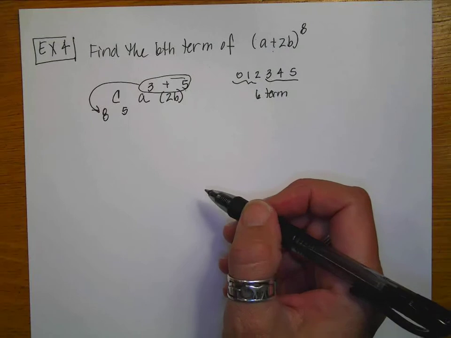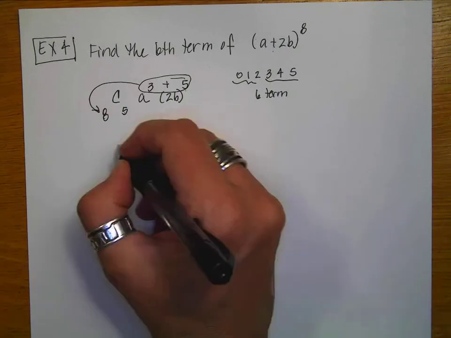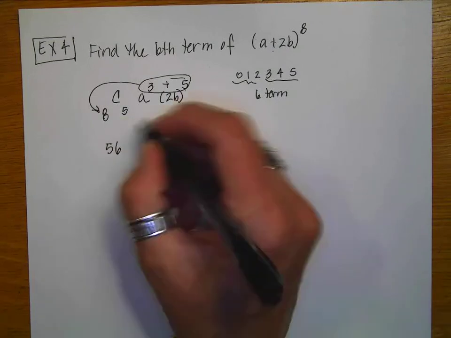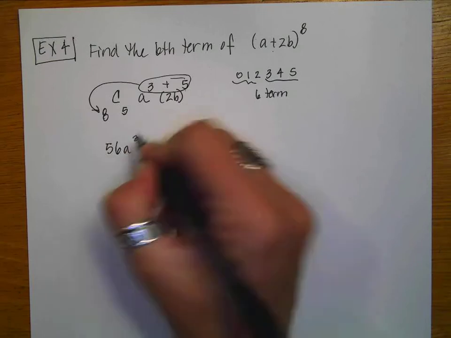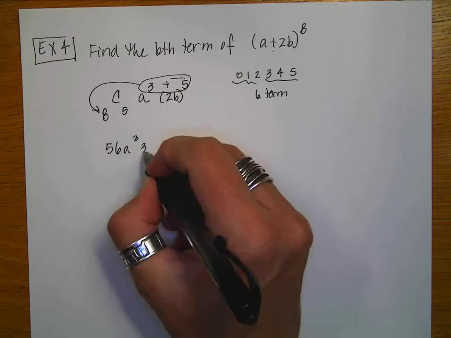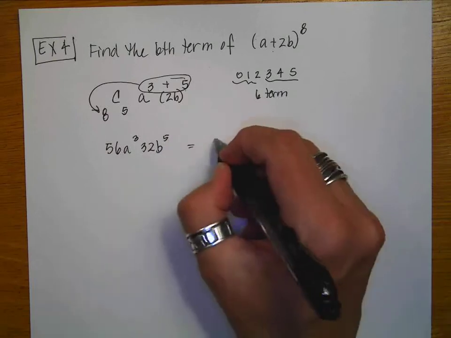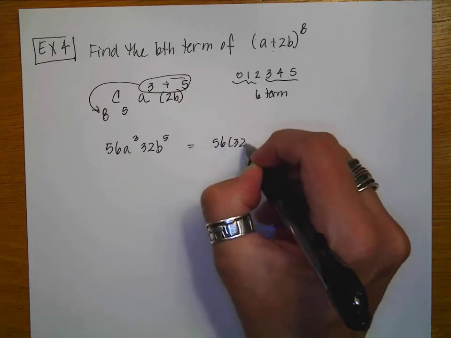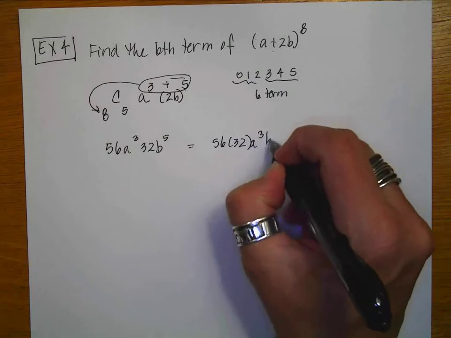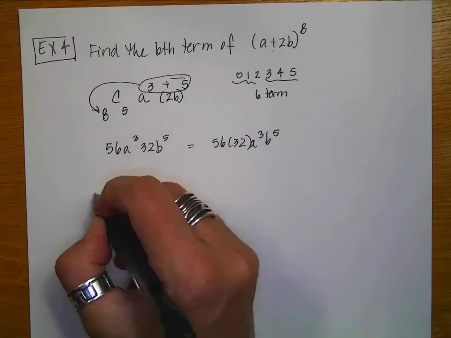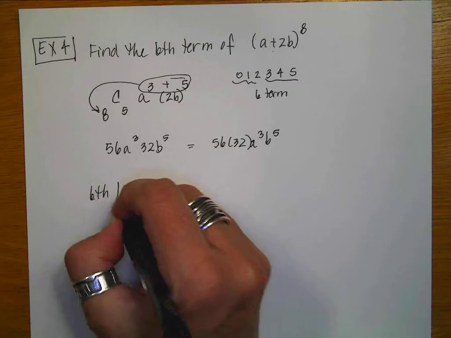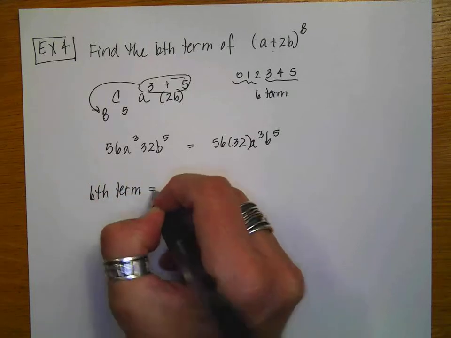Well, now I just finished this. I can do the math in my calculator. The combination of 8 choose 5 is going to be 56. The a^3, and then 2^5 is 32b^5. So now the 56 and the 32 play together, and the variables play together.